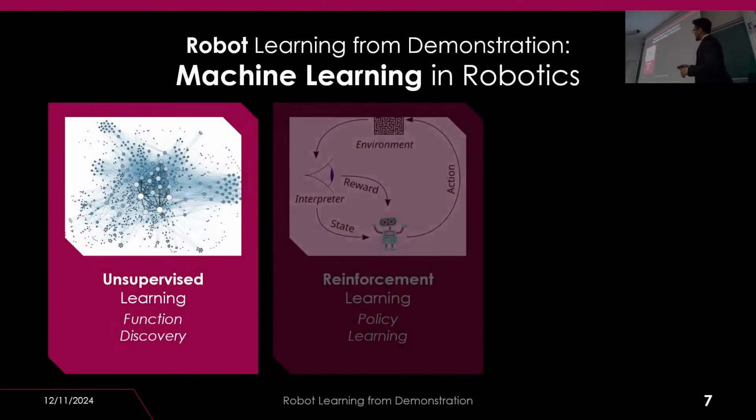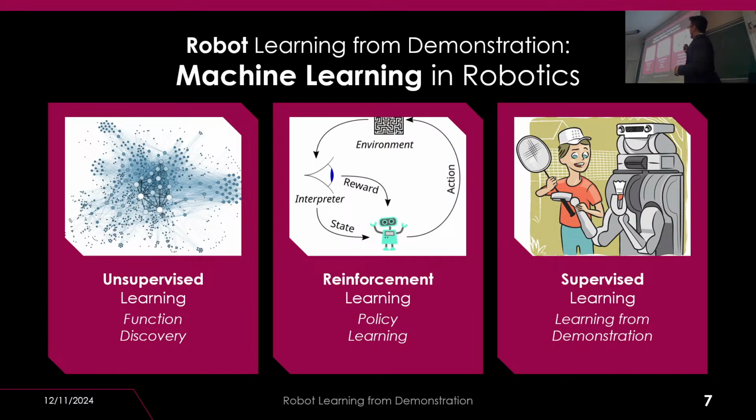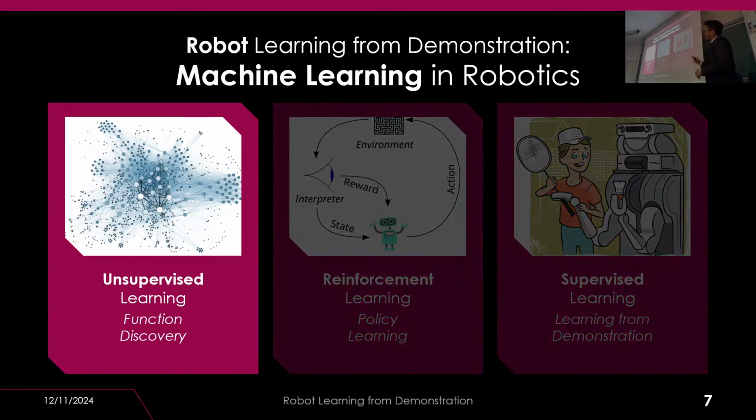Based on these three principles, let us explore the literature in machine learning in robotics. It is very common to divide machine learning into three main paradigms, if you will. We have the unsupervised learning paradigm, which in this context comprises function discovery methods, which are basically ways to let a machine find, from data, a pattern that describes the system that has been measured.